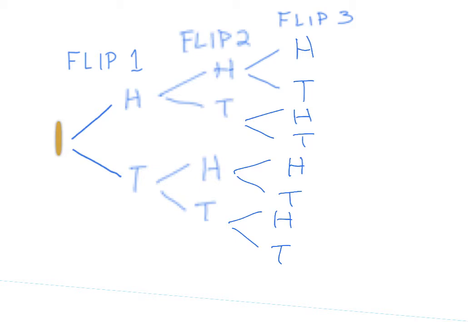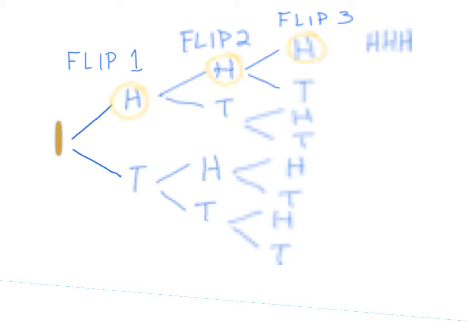And the way we read it is this. Flip 1 was an H, flip 2 was an H, flip 3 was an H. So beside that last branch, we write that the outcome was HHH. Or we might look at the branch that goes from heads to tails, and our outcome would be HHT.